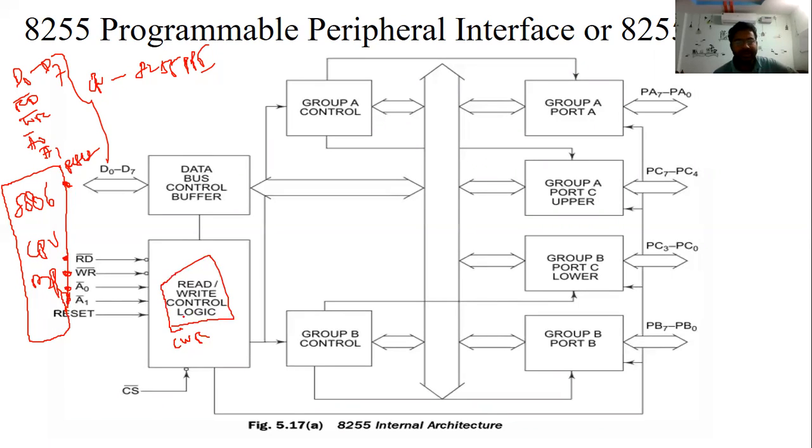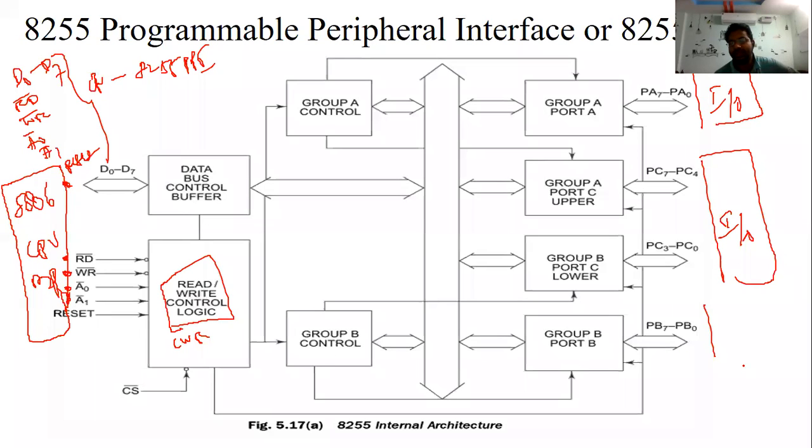So this will decide whether this port A works as an input port or output port, whether port B works as an input port or output port, and whether port C works as an input port or output port. To these ports we are going to connect any of the input or output devices.